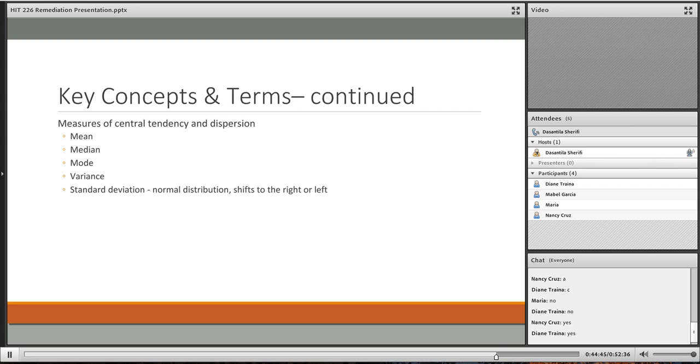Now, as far as the measures of central tendency and dispersion, I put them here, but because we have those separate recordings, I am not going to go over each of these. But I do want you to review these all the way from mean, median, mode, variance, and standard deviation. Okay, standard deviation, keep in mind the normal distribution, that bell curve, look at it in the textbook.